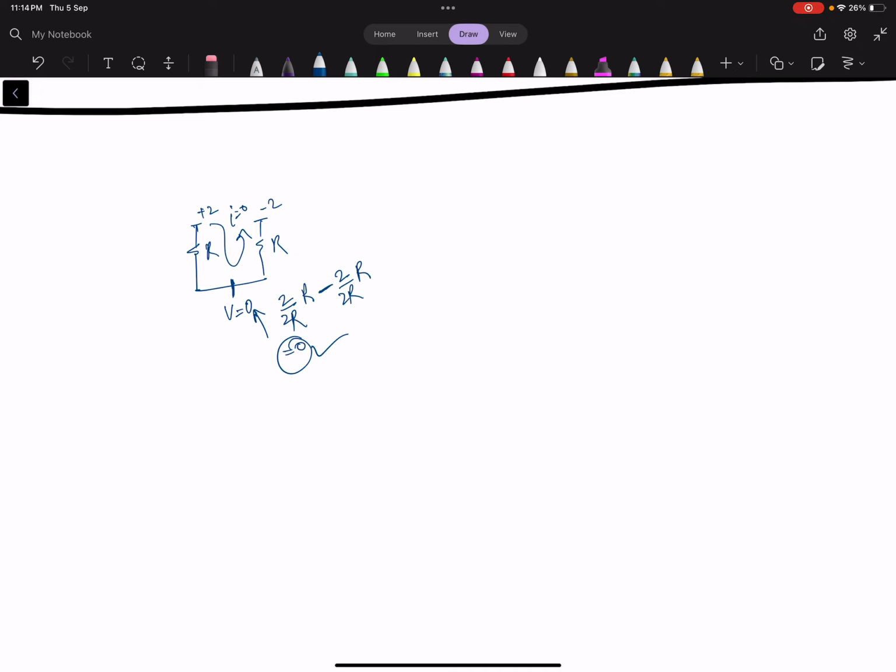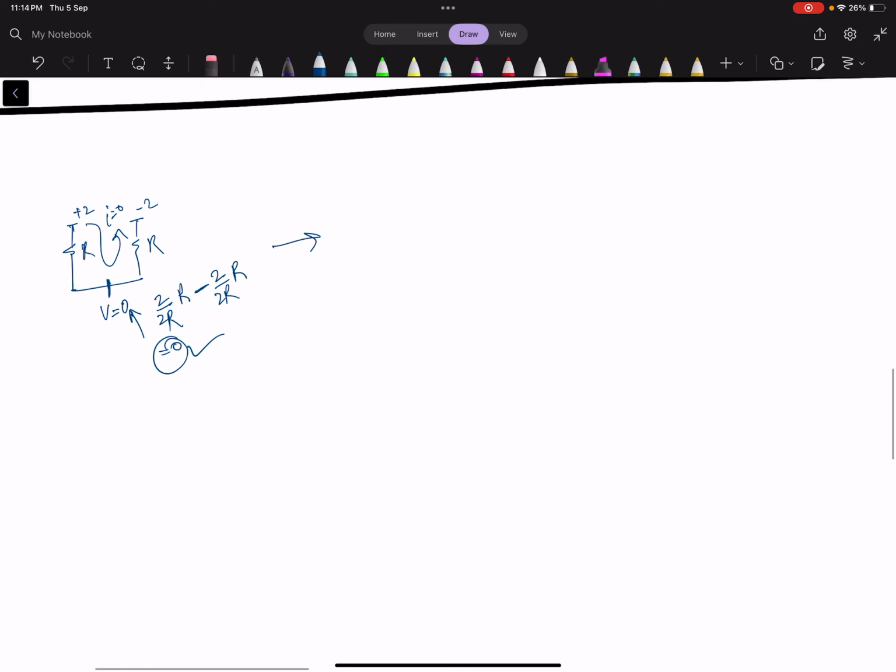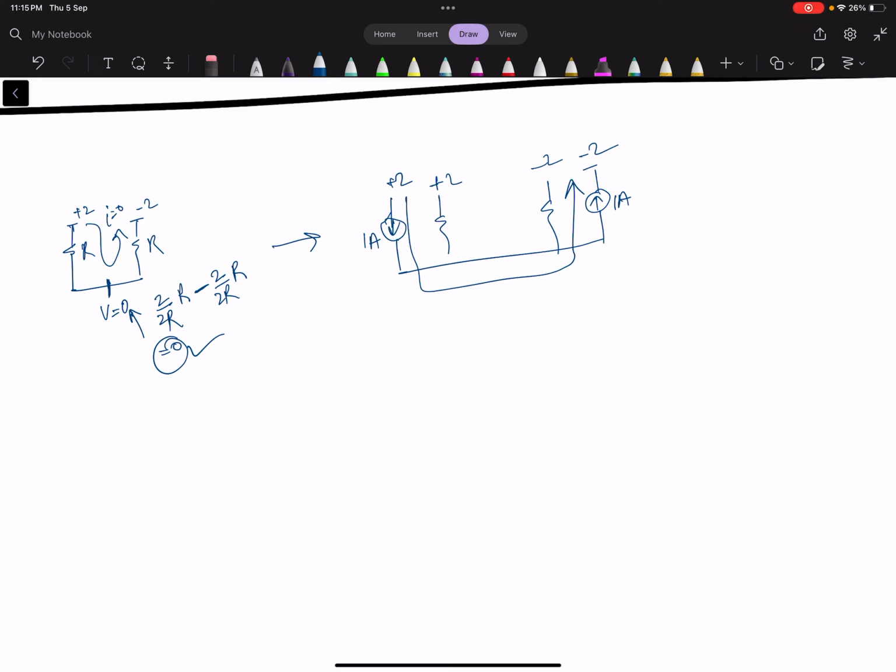Now if I add one current source, with the same potentials +2 and -2, and in the opposite direction, let's say 1 ampere, then this current will be the same.